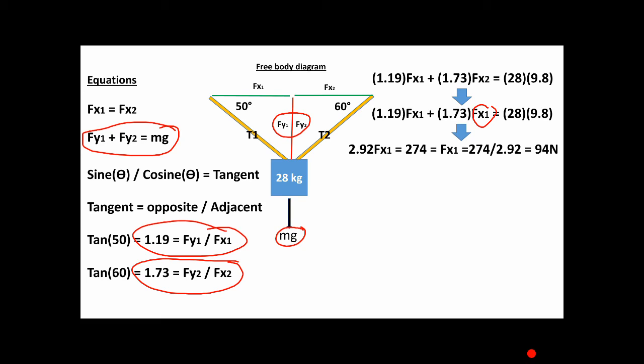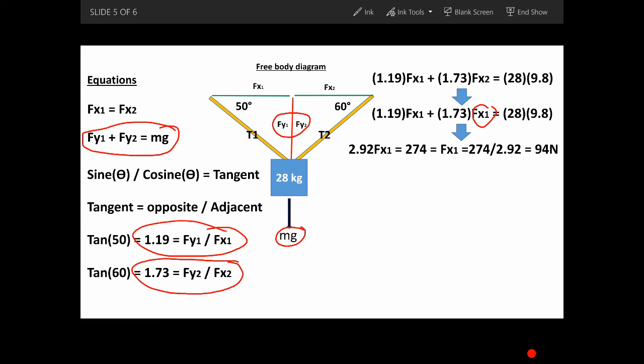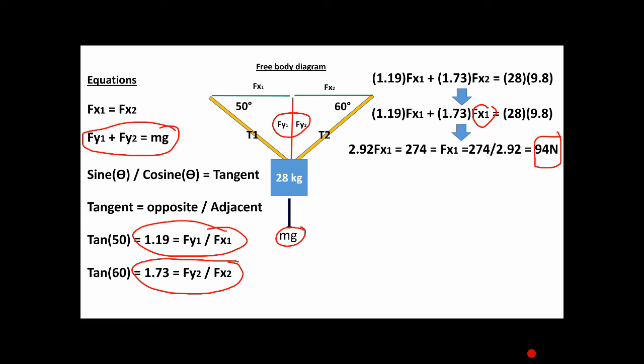That then gives us an Fx1 of 94 newtons. Okay, so now we have our horizontal component.